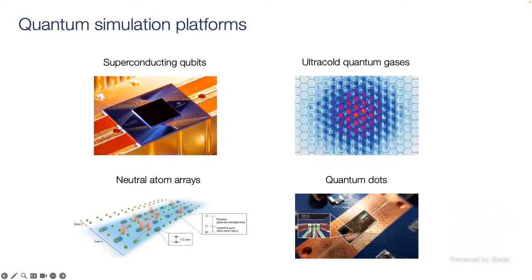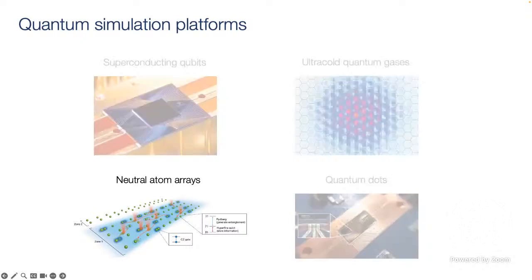So the choices are quite varied. So for the purposes of today's talk, the theory and the experiments that I'm going to be showing you are on neutral atom arrays, but this work is completely general. So, you can think about this in the context of superconducting qubits or your favorite platform. This is really platform agnostic and not tied to any specific quantum hardware.